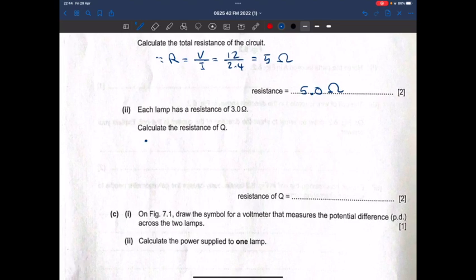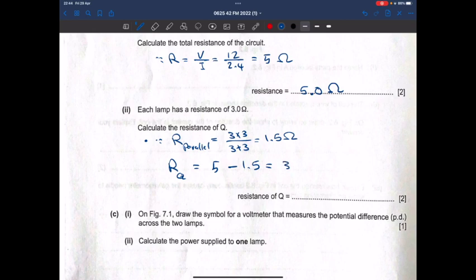Step number 1, since the resistance of the parallel group equals 3 times 3 divided by 3 plus 3, it gives you 1.5 ohms. It means the resistance of Q itself equals the total resistance, which is 5, we just calculated, minus the resistance of the parallel group, which is 1.5. So the result here will be 3.5 ohms. So here we have 3.5 ohms. Fine.